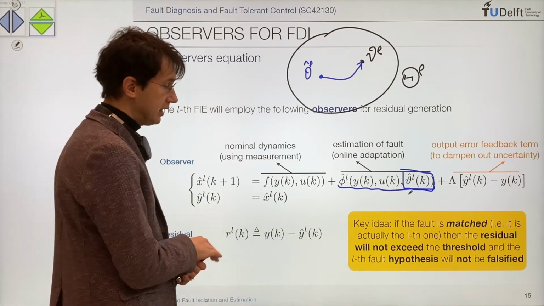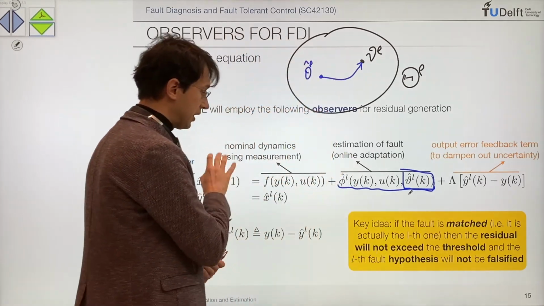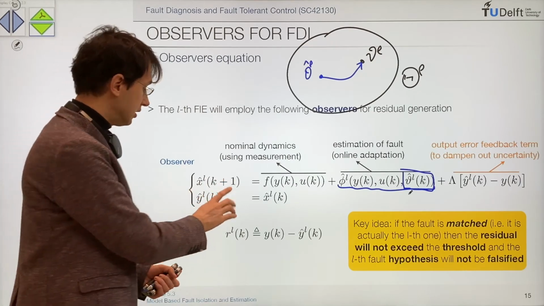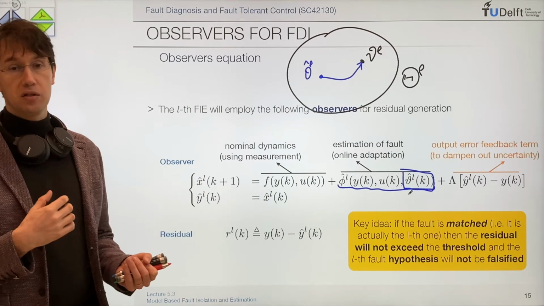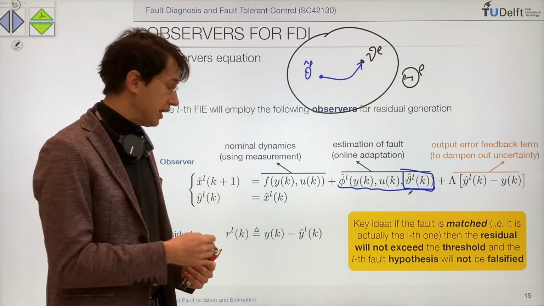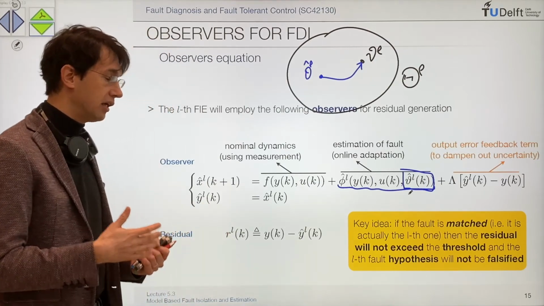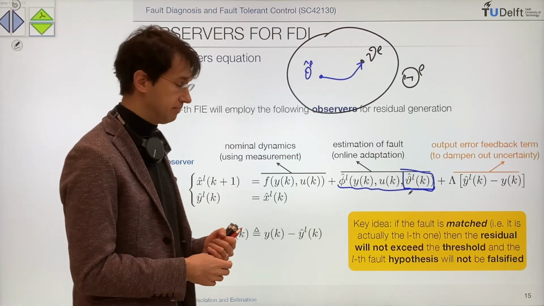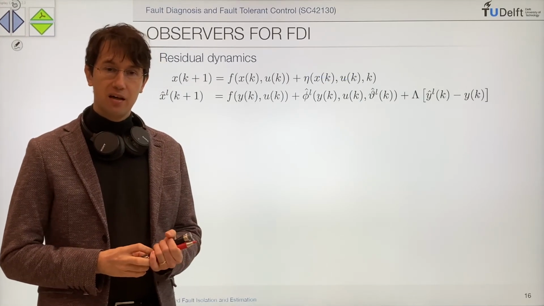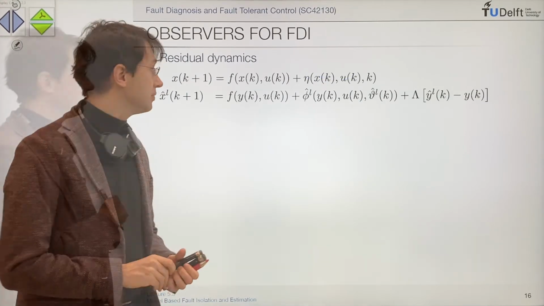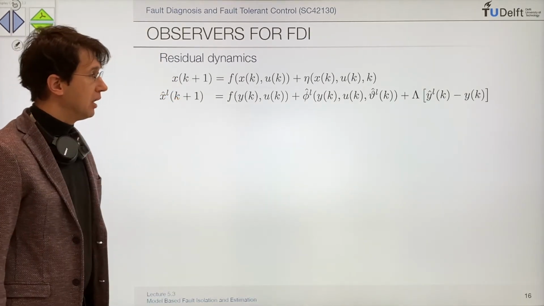Anyway, still the idea is that if the fault is matched, which means fault L is the one that is really present, the residual is small, below the threshold. If fault L is not present, we would like R, the residual, to be big and cross its own threshold and falsify that hypothesis. How are the residual dynamics going to be for this new observer? So remember the equations for the system and the observer.